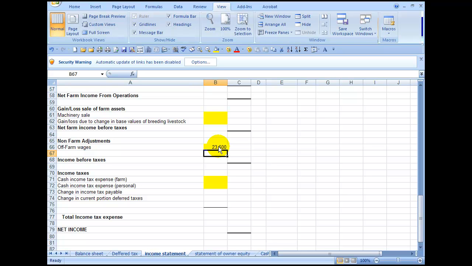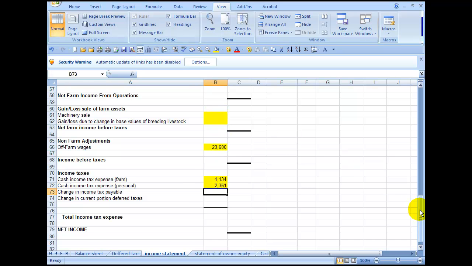Income taxes paid for the farm and for off-farm income, so that's down here in income taxes. Cash income tax expense for the farm was $41.34, and for the off-farm income, $23.61. Okay. Interest paid was $35,583.